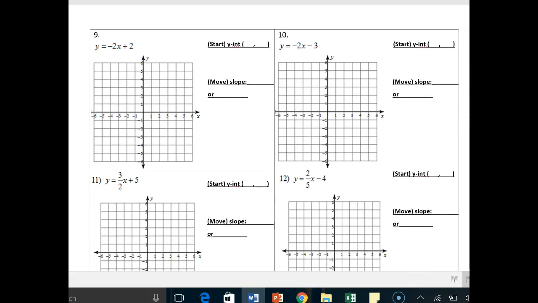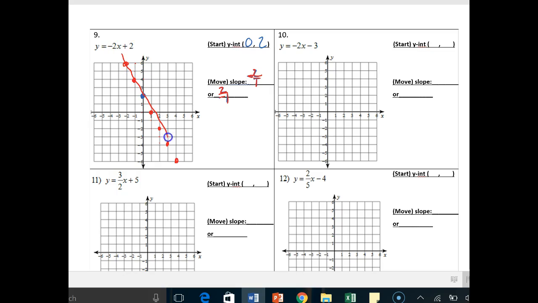Number 9, we're going to start with our y-intercept. We have to graph this. So we're going to start at (0, 2), immediately putting a dot at (0, 2). We can then move negative 2 over 1, or 2 over negative 1, meaning I can move down 2, right 1, down 2, right 1, or go back and go up 2, left 1, up 2, left 1.